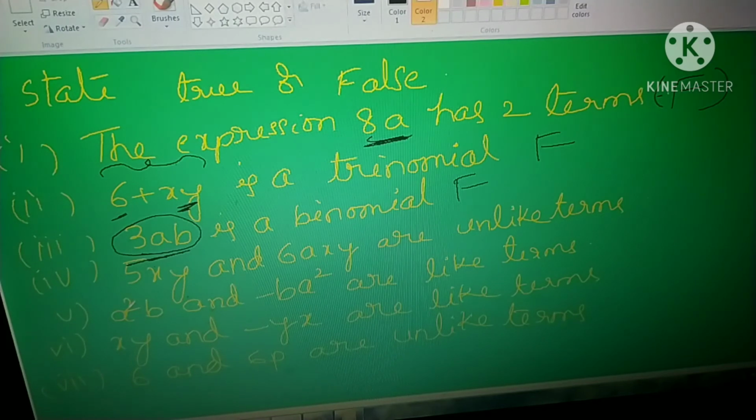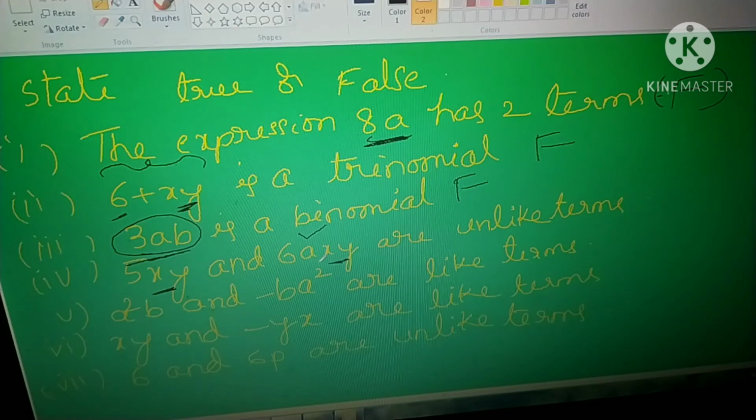Okay. Next, see this one. 5xy and 6axy are unlike terms. While talking about like terms and unlike terms, you have to leave the numerical part and observe the variable part only. Here we have xy, and in 6axy we also have xy, but along with this xy we have one more variable, that is a.